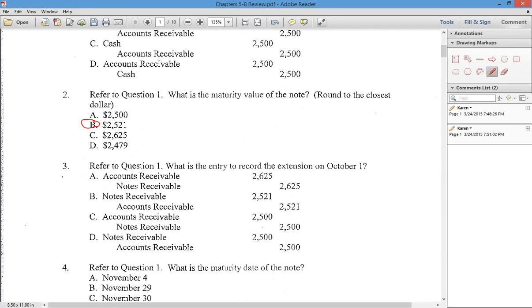Okay. The 2,521 was the maturity value of the note. Okay, so you've got the accounts right, but the note would have just been for the $2,500.